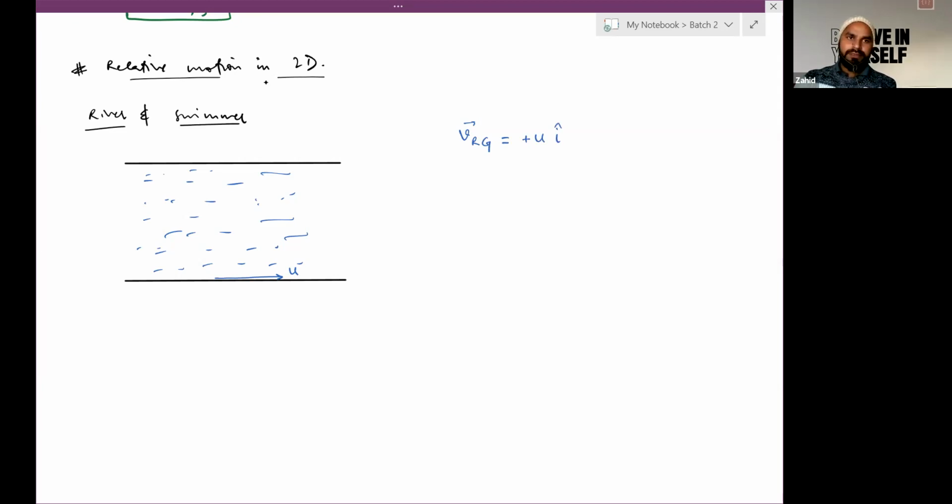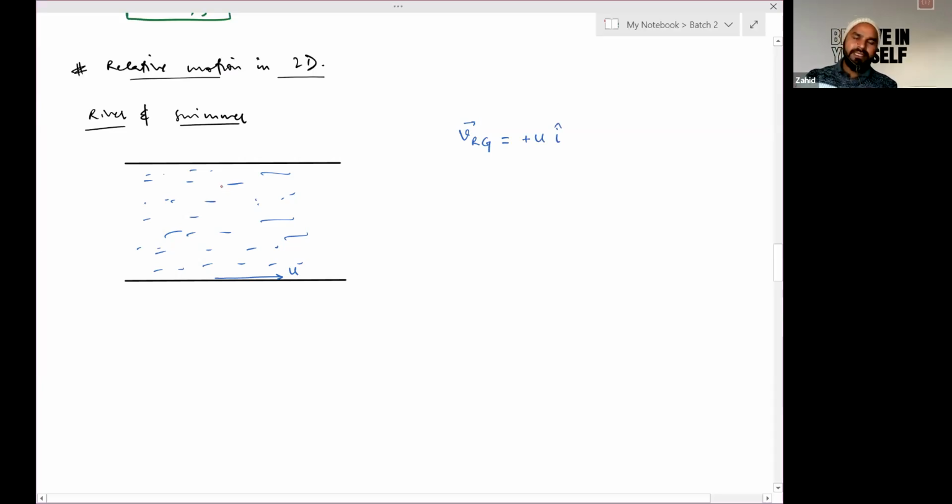Now there is a swimmer who dives at some inclination with respect to horizontal, with some velocity v at some inclination theta with it. So it will have 2 components.